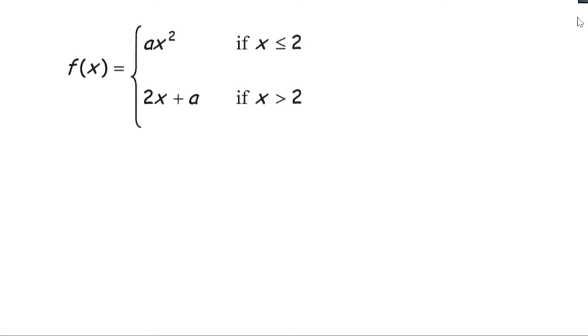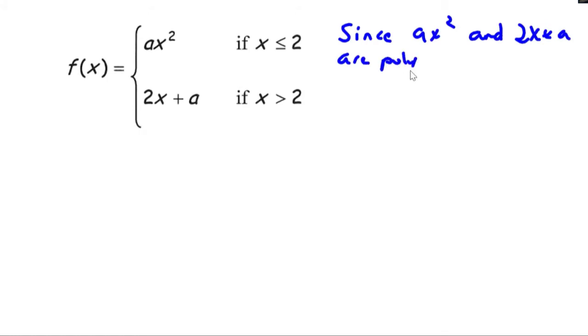So let's see how you did. All right, what kind of function is ax squared? Polynomial. Ax squared, and what kind of function is 2x plus a? That's linear, which is another form of polynomials. Ax squared and 2x plus a are polynomial functions.